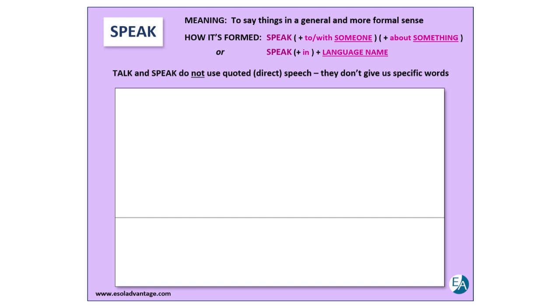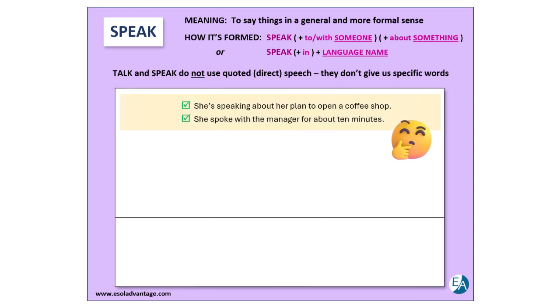So let's look at some examples. She's speaking about her plan to open a coffee shop. She spoke with the manager for about 10 minutes. So speaking about something or speaking with someone.